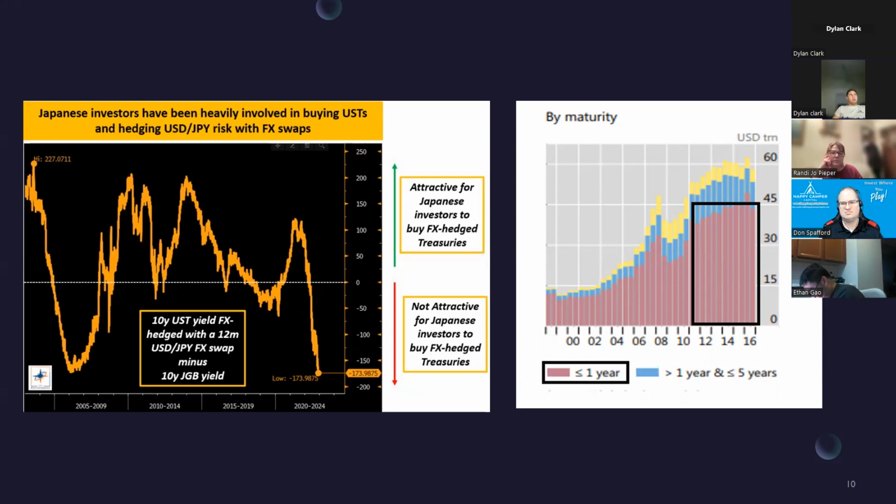The asset, the U.S. Treasury tenor, is 10 years, while the funding forex swap is 1 year. So you have a U.S. Treasury with a duration of 10, counterparting a swap that they're using with a duration of 1 year. So the Japanese insurance companies would need to roll over their forex swap every year.